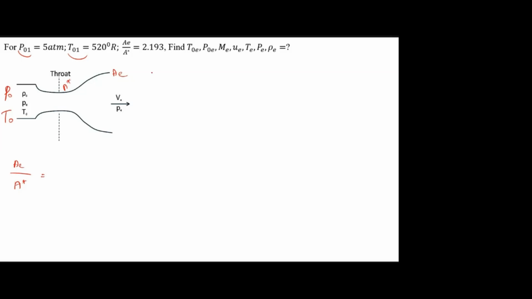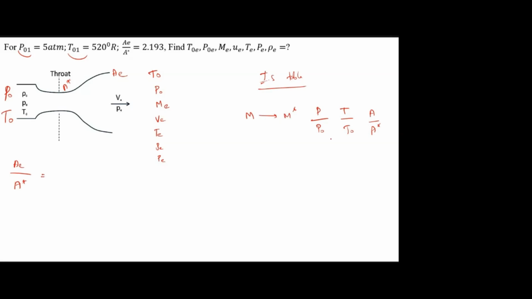Using that you have to find what is T naught, P naught, Mach number, velocity, static temperature, density, pressure, everything they're asking. How will you proceed? You should go to the isentropic table. There you can find local Mach number, then corresponding M star, P by P naught, T by T naught, A by A star, everything you can find.